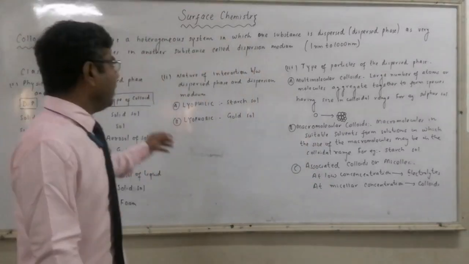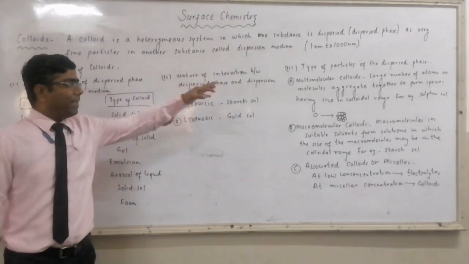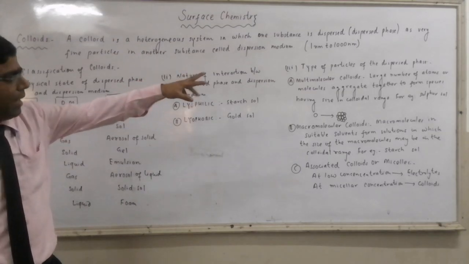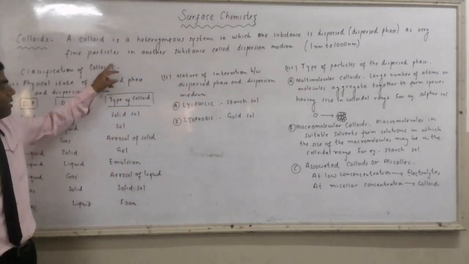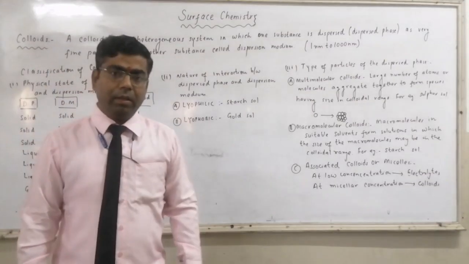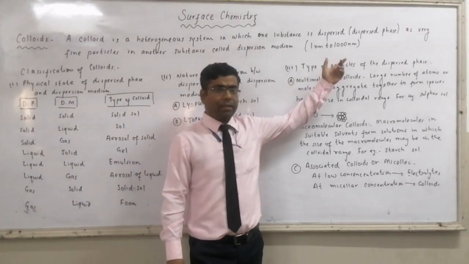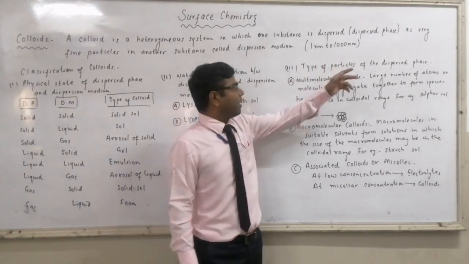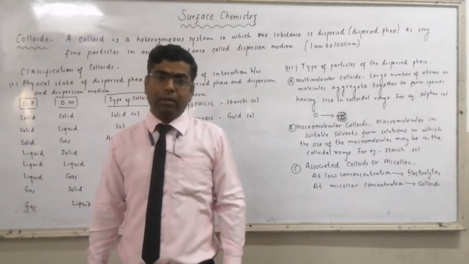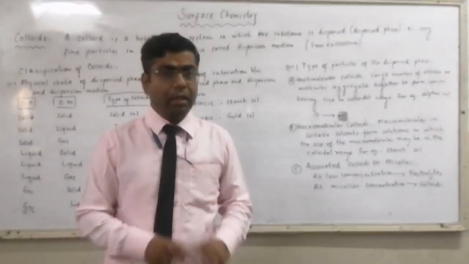So colloids can be defined as heterogeneous system in which one substance is dispersed, that is called dispersed phase, as very fine particles in another substance called dispersion medium. Dispersed phase are the particles having size ranges between 1 nanometer to 1000 nanometer. So this is your colloids.